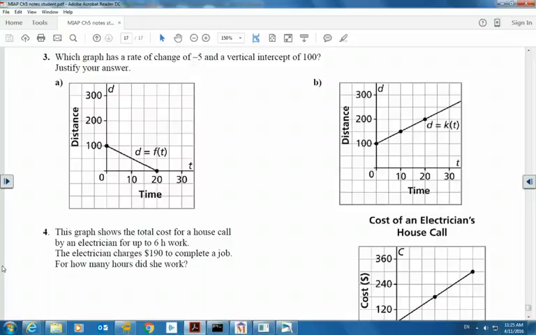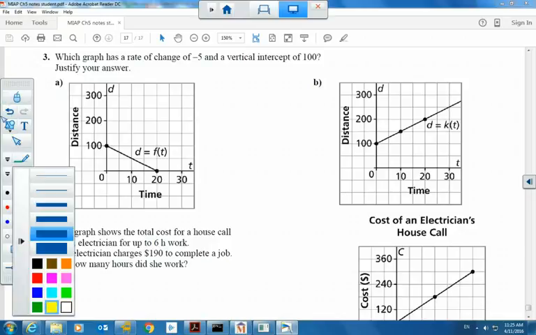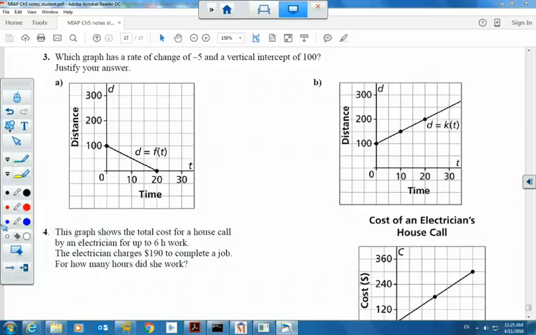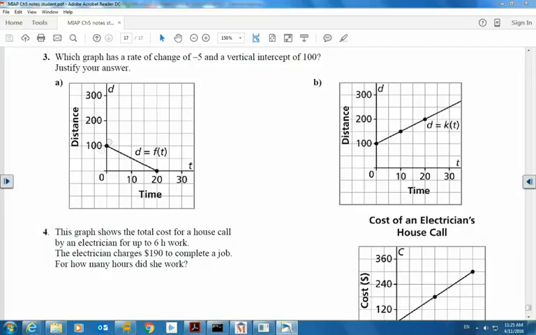They both have a vertical intercept of 100. Okay? So the vertical intercept of 100 is right here. All right. So that is right here and right here.